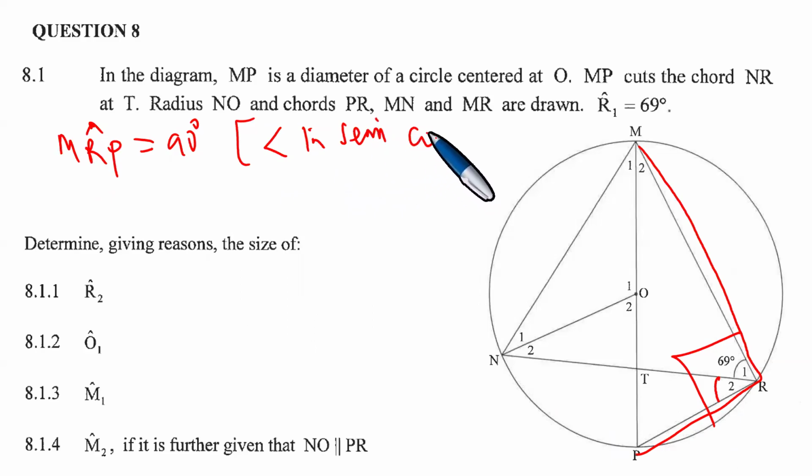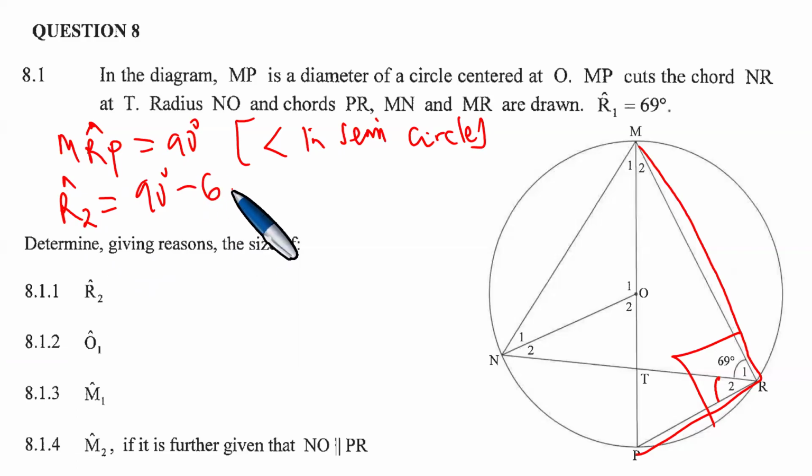So the angle R2 is exactly equal to 90 degrees minus 69 degrees.